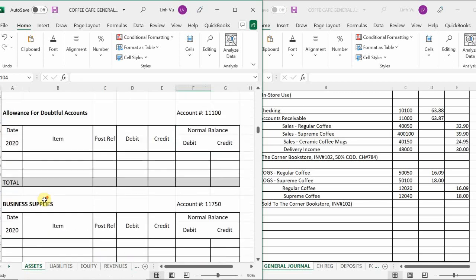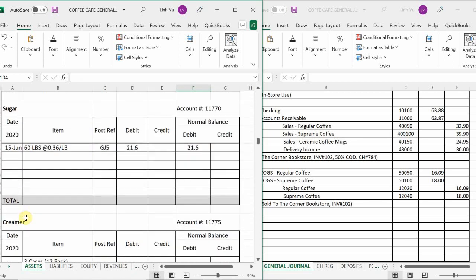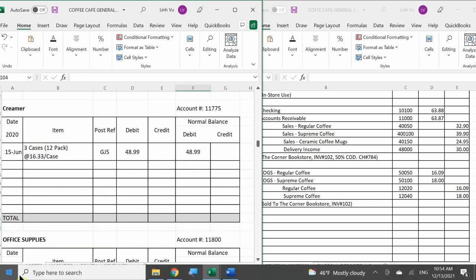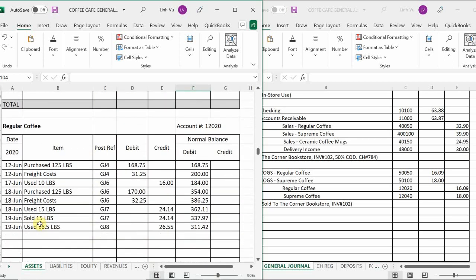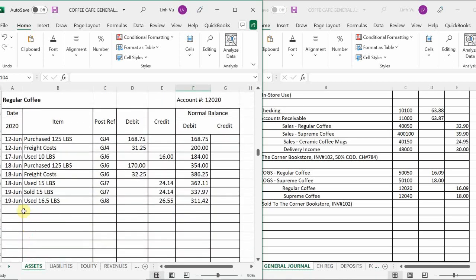Let's update the actual inventory. Go regular coffee. Sold 10 pounds.